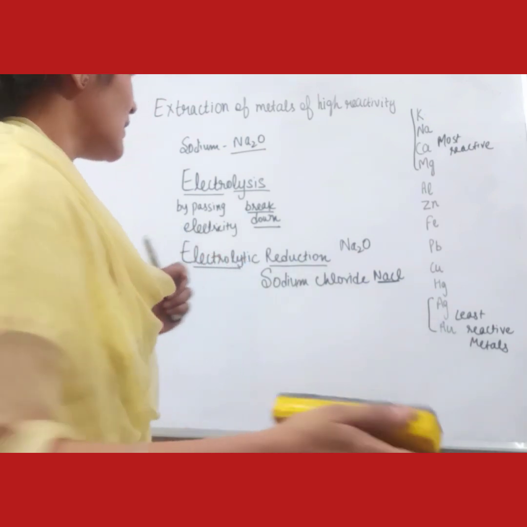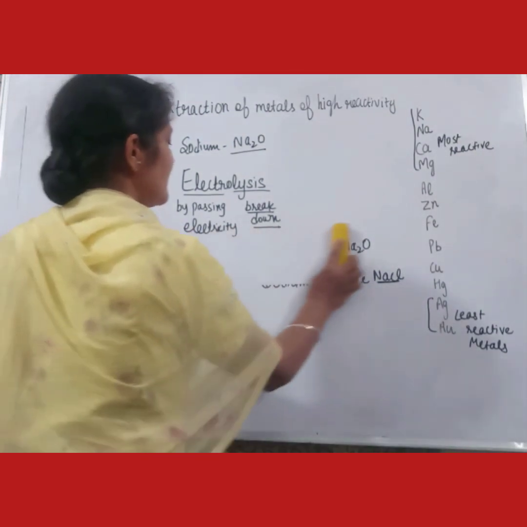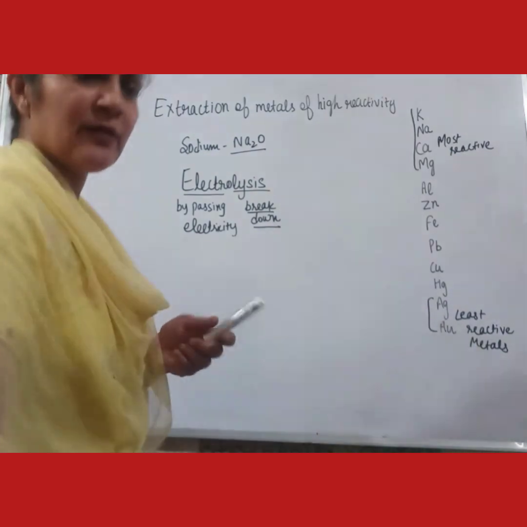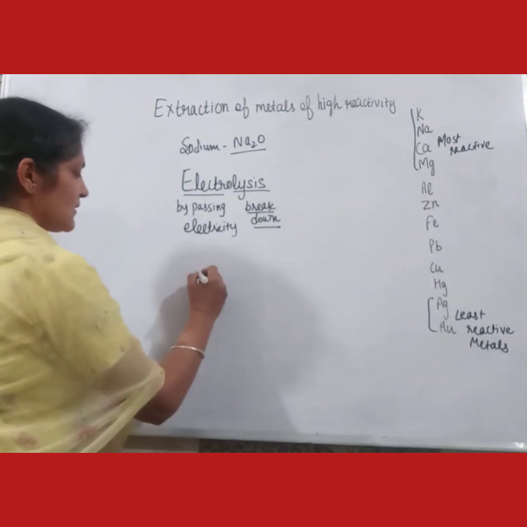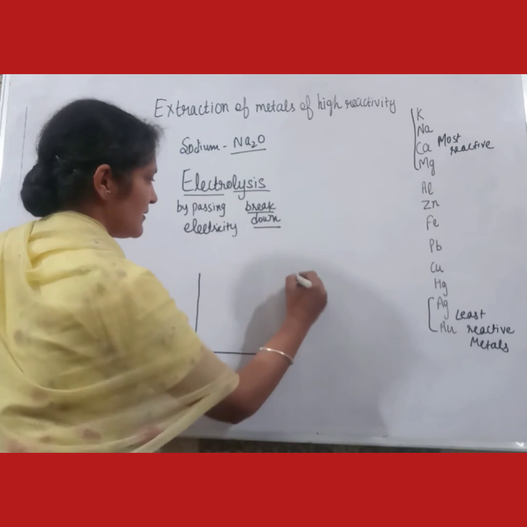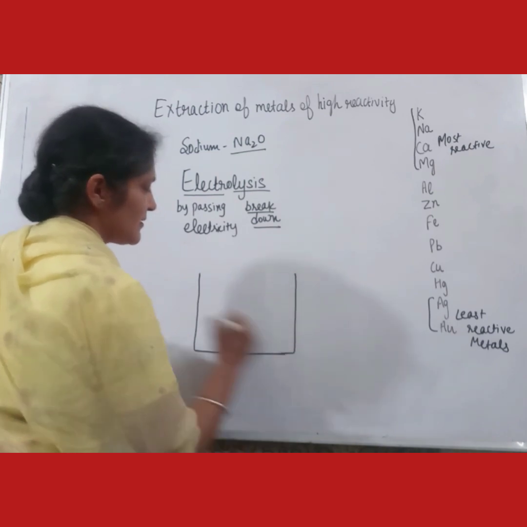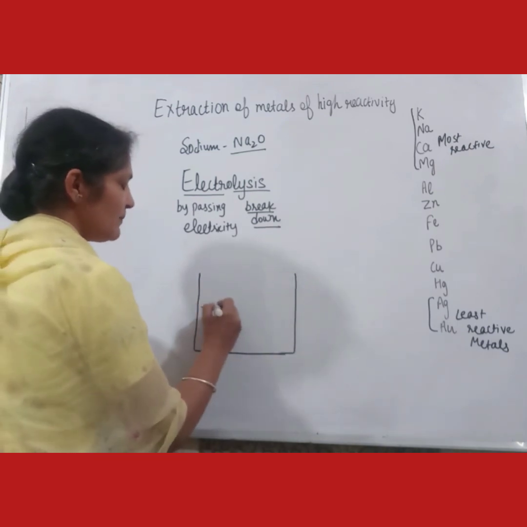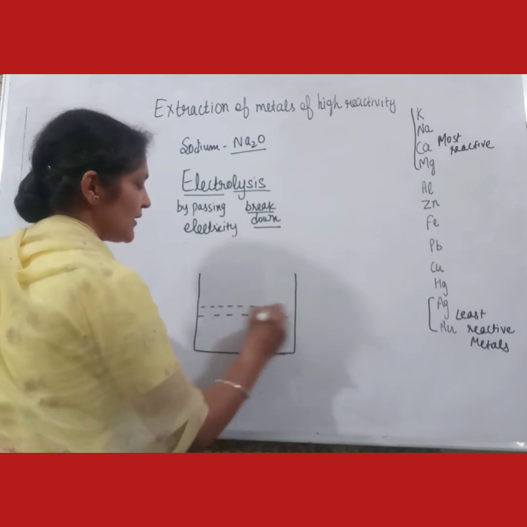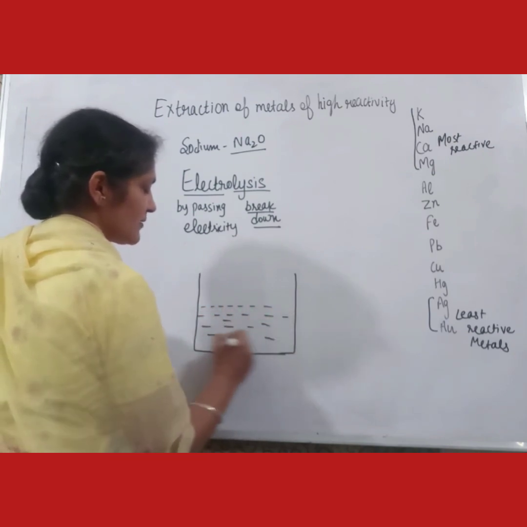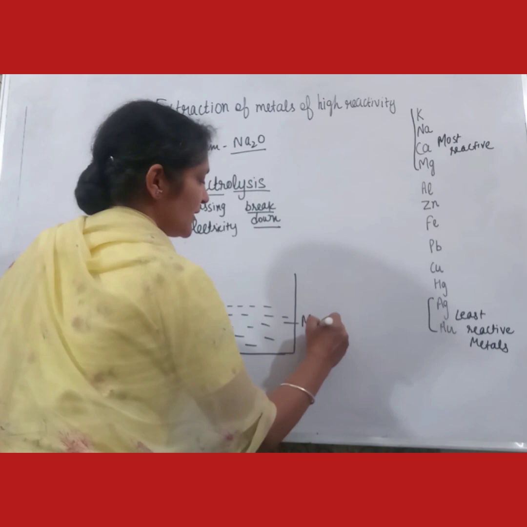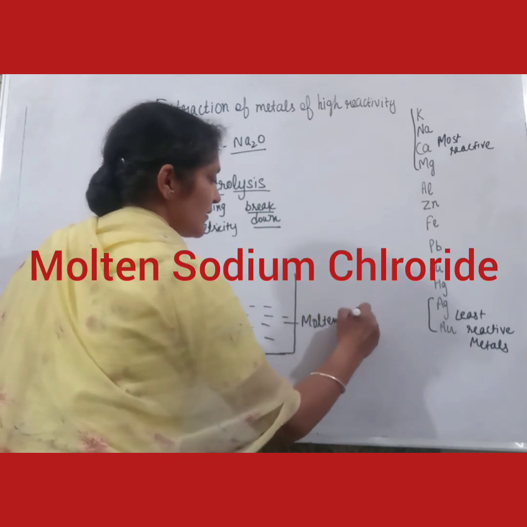Now let's see how we will do electrolytic reduction. We will take a big beaker, like this. In this we will put molten sodium chloride.